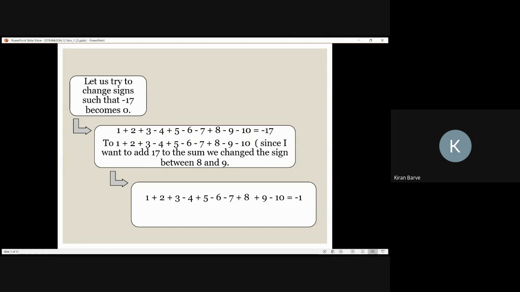Now see, from the minus 17, I have changed it to 1 plus 2 plus 3 minus 4 plus 5 minus 6 minus 7 plus 8. Now I have made minus 9 to plus 9. So now this is minus 1, 7, this is 0, minus 1, minus 2. So I am quite close. Next slide.